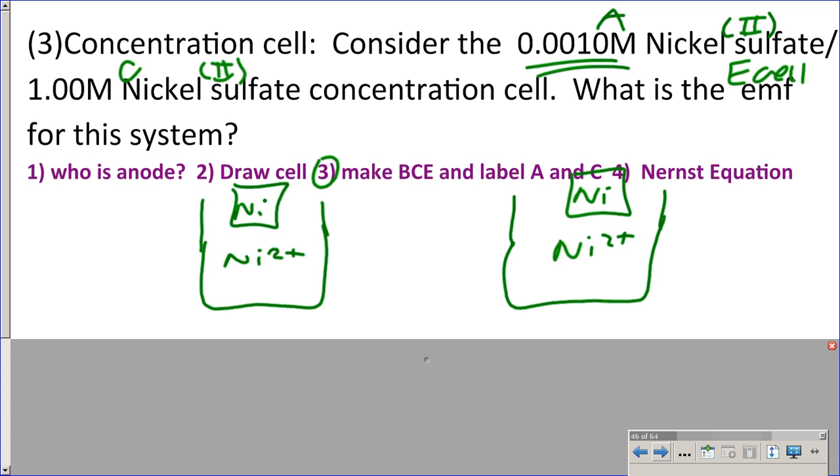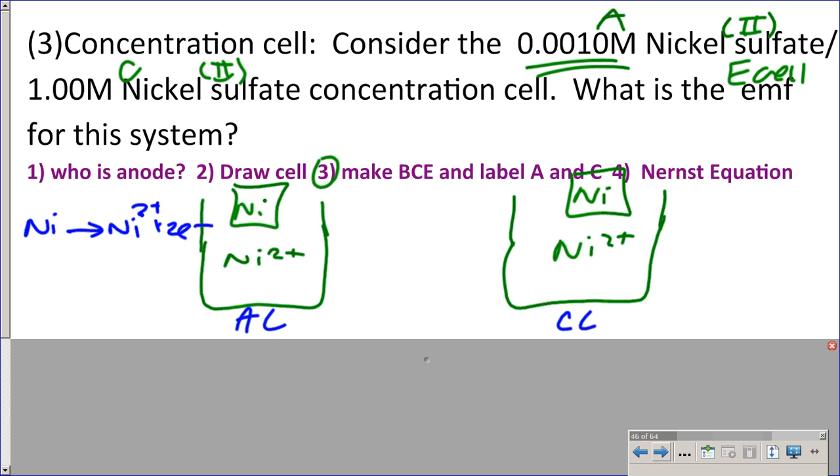Each of these has a half reaction associated with it. If we call this the anode chamber and this the cathode chamber, what is the half reaction in the anode chamber? Nickel solid goes to nickel 2 plus plus 2 electrons. And we know the cathode chamber is going to have just the opposite, right?